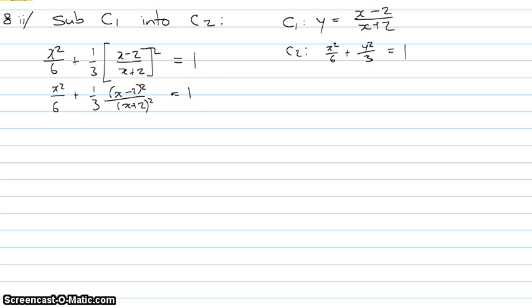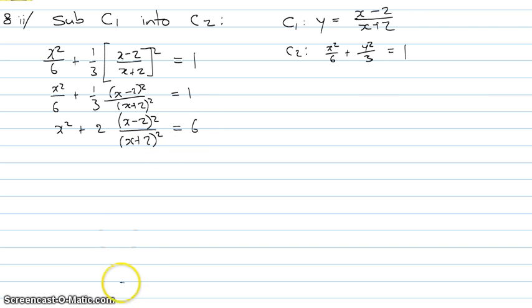I don't like all these fractions, so I'm going to multiply through by 6 first of all. That gets me x squared plus 2 times (x minus 2) squared over (x plus 2) squared is equal to 6. That's just multiplying through by 6.